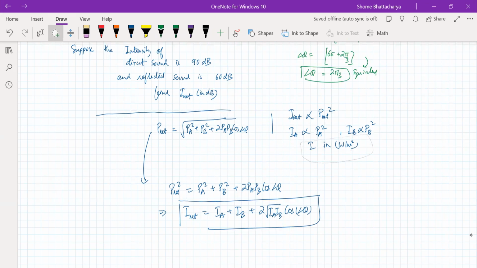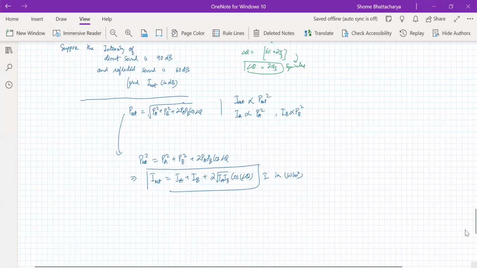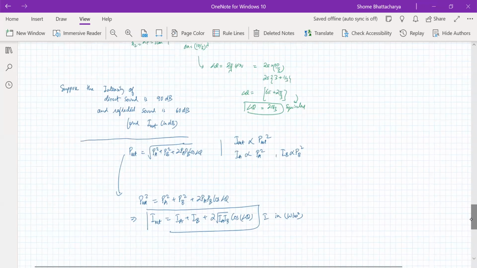So think how we can use the data given above to get the net intensity in decibels. This is the third part of this question.